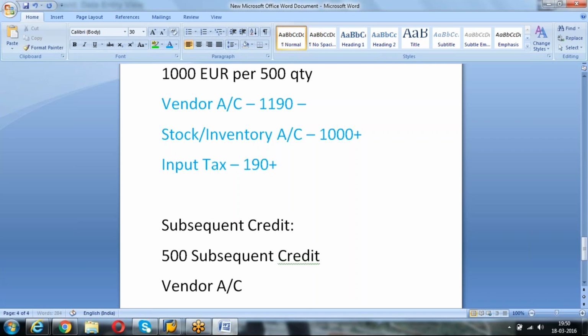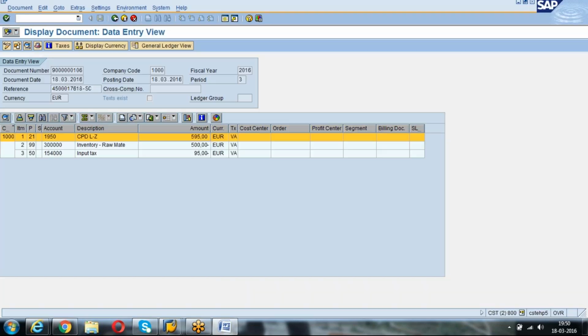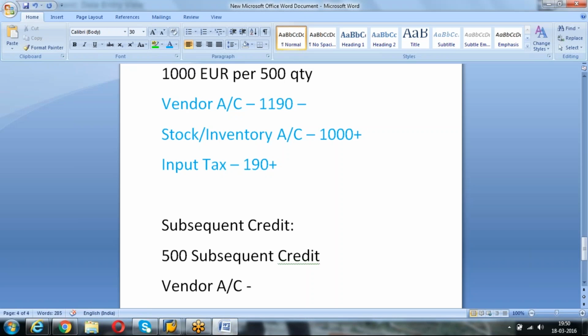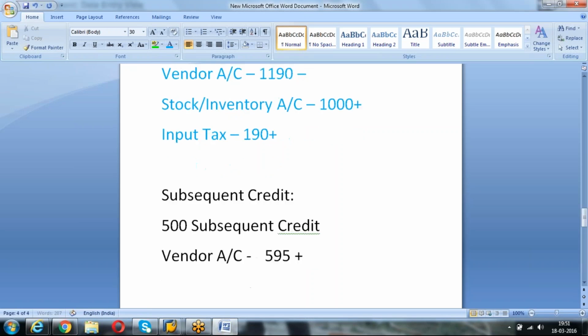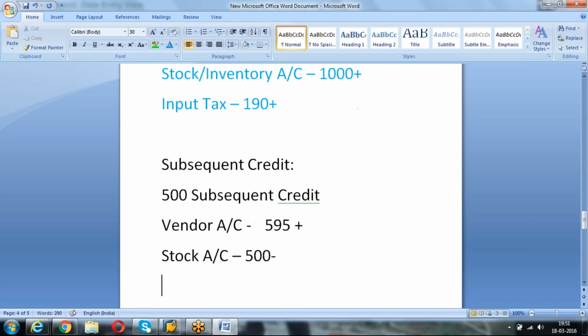Vendor account 595, because 95 is the tax, 595 debit. Stock account 500 credit, and input tax 95 credit. Okay.